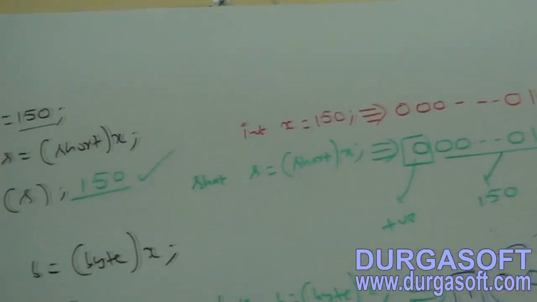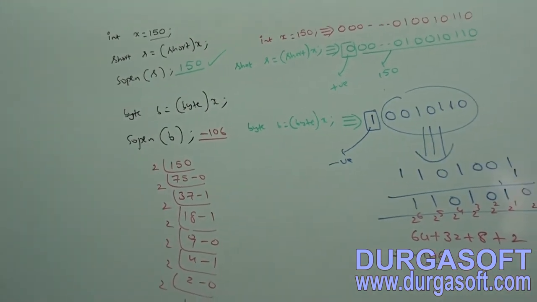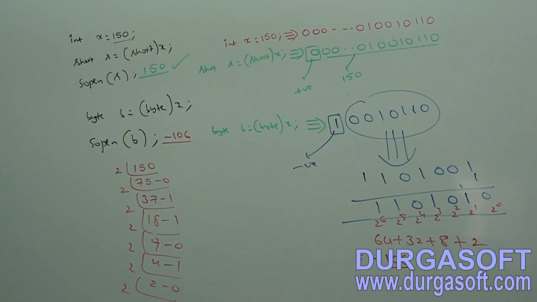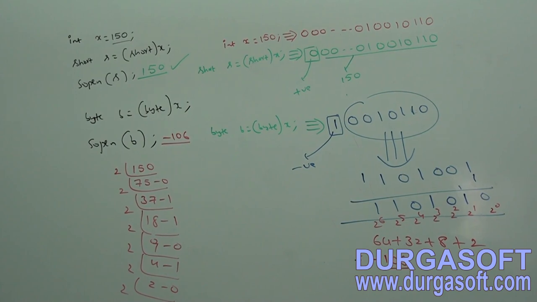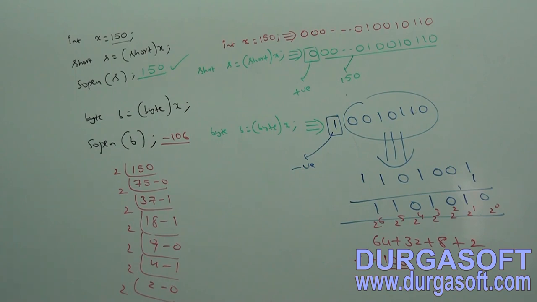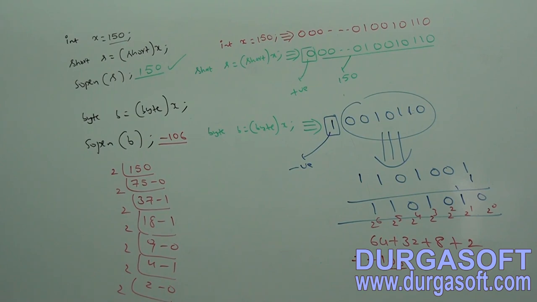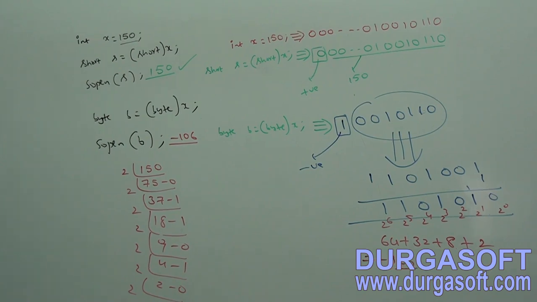In the example, first take this part and then the memory representation. Just one more example and then we will stop this typecasting. Take it clearly. Completed, I hope?